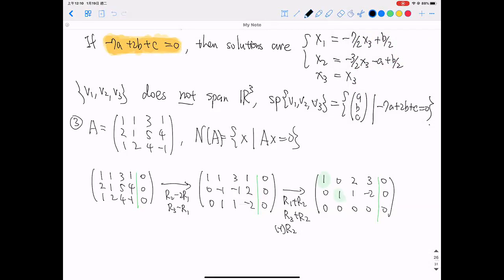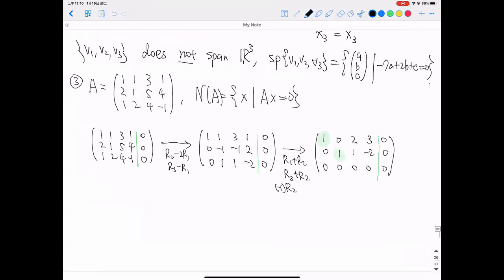So that allows us to express the solutions x, which consists of x1, x2, x3, x4 as 2x3 minus 2x3 minus 3x4, yes, minus x3 plus 2x4, x3 and x4.